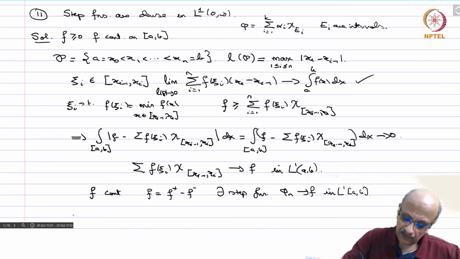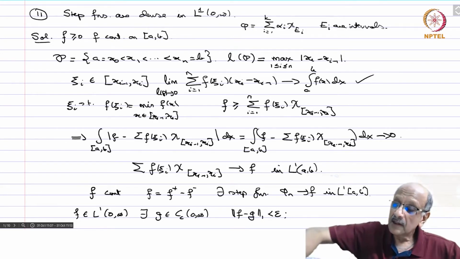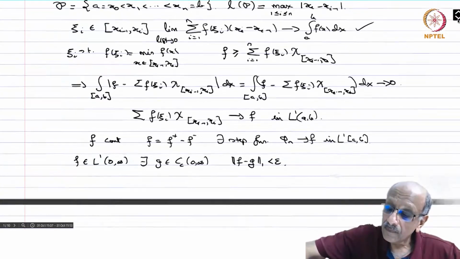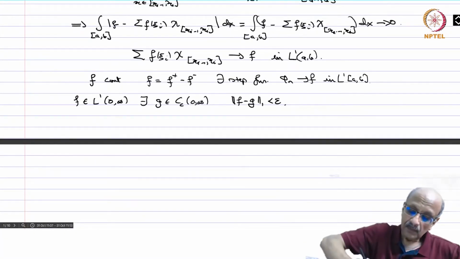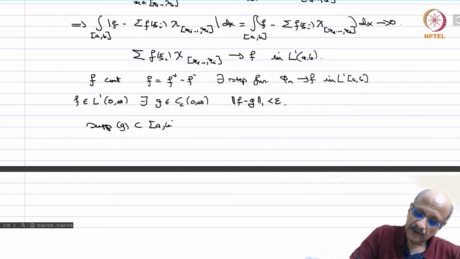Okay, so now if f is in L1 of (0, infinity), there exists a g in Cc(0, infinity), a continuous function with compact support, such that the norm of f minus g in L1 is less than epsilon. Then let the support of g be contained in some compact interval [a, b].